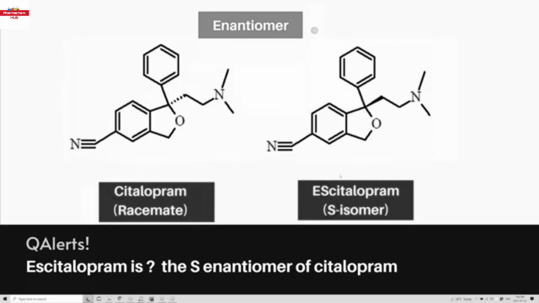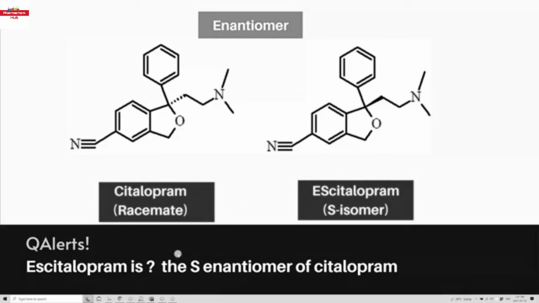Because of this, S-citalopram has more potency: a small 10 milligram dose of escitalopram can be much more effective than citalopram, because of the pure S enantiomer.